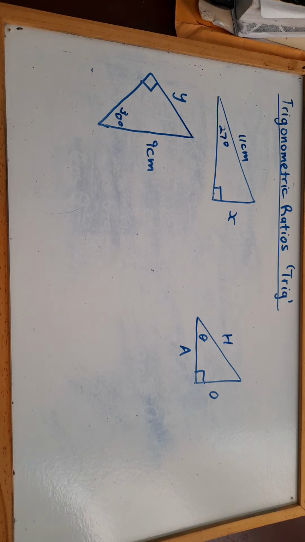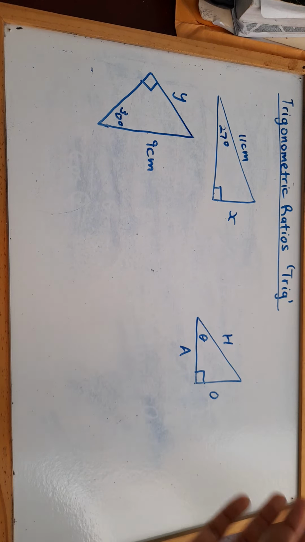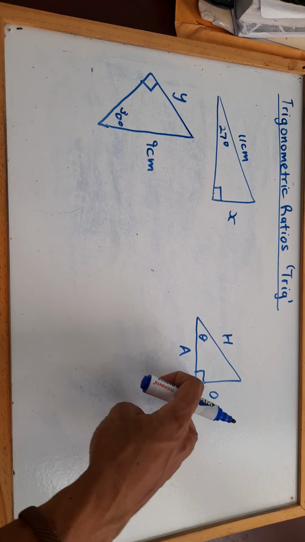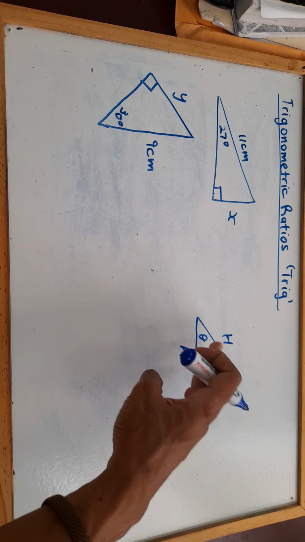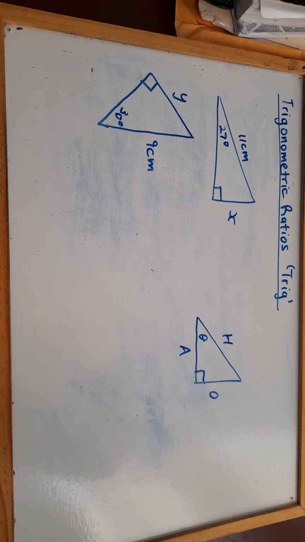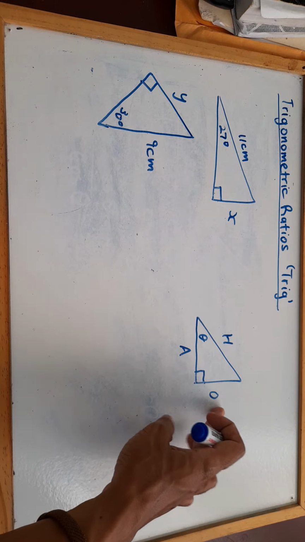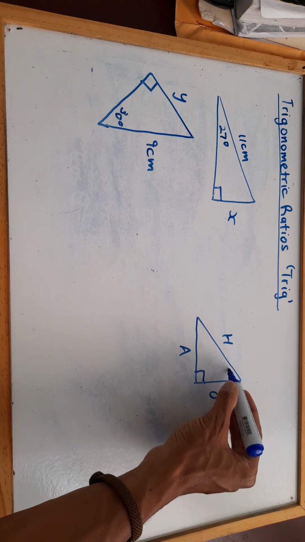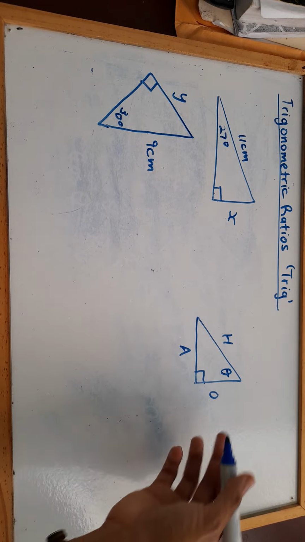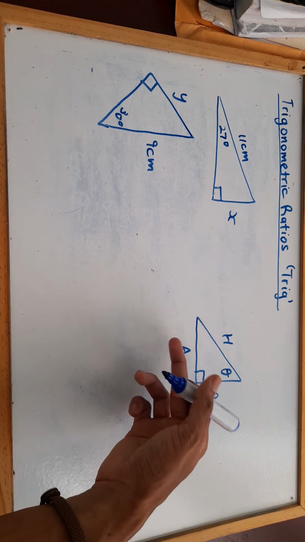The opposite and adjacent depend on where the angle is. We always know the right angle, but the opposite is not based on where the right angle is; it's based on where the other angle is. Take this angle here: the opposite side will be here, adjacent here. If the angle is to go here, the new opposite, the side opposite theta, would be here.